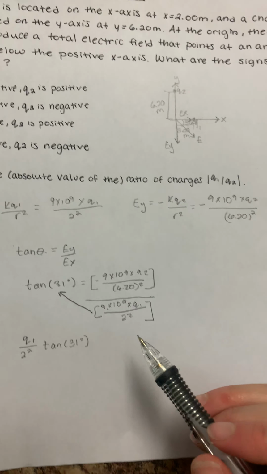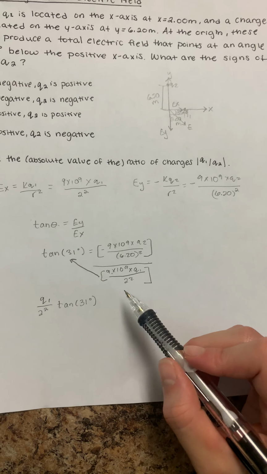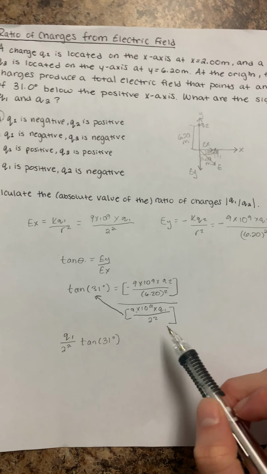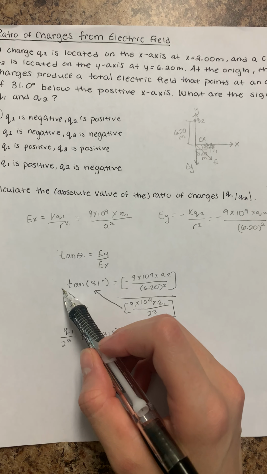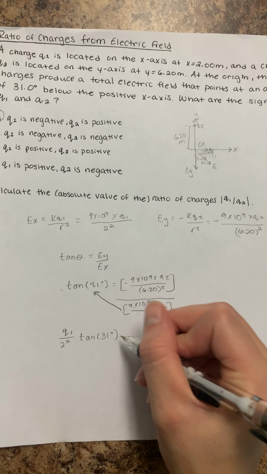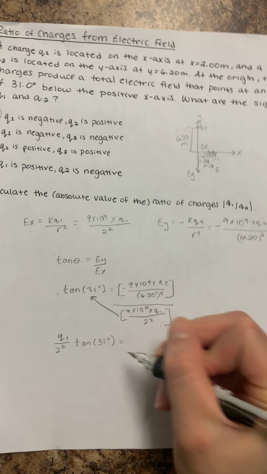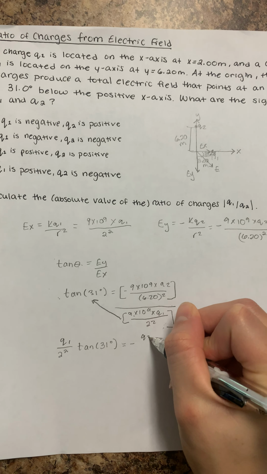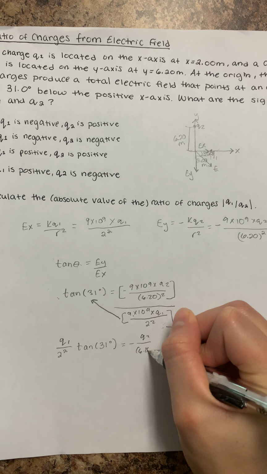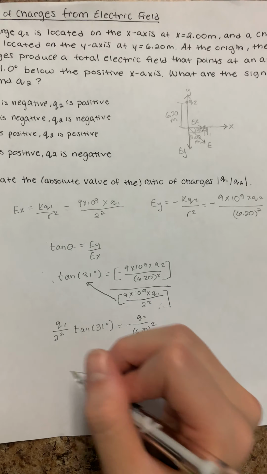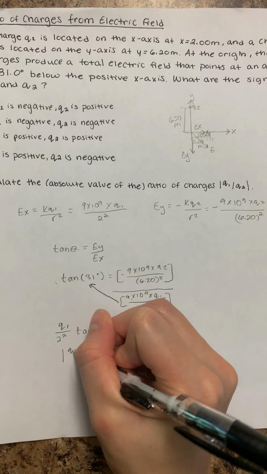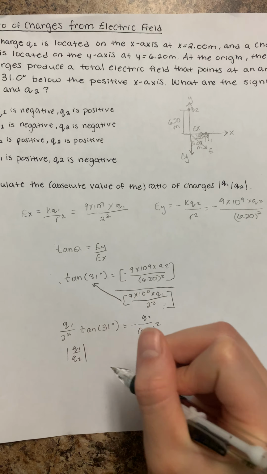And this will end up canceling out our K component when we move our denominator over to the left side. So that's why we don't have our K component anymore. Negative Q2 over 6.2 squared. So with this, we can do a little bit of algebra to get our Q1 over Q2.